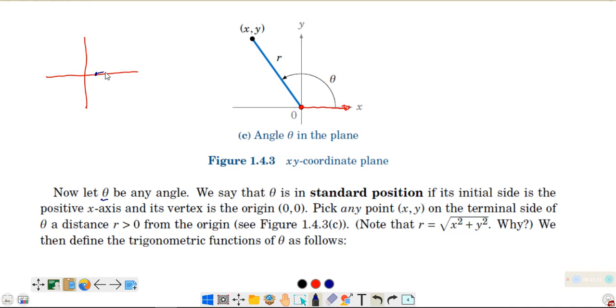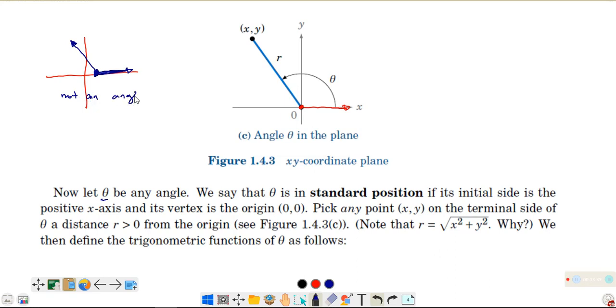Lagay tayo ng ganito. This is the initial side. Nasa positive x-axis din siya. And this is the terminal side. If you will take notice, the vertex is not at the origin. Ito yung vertex niya.